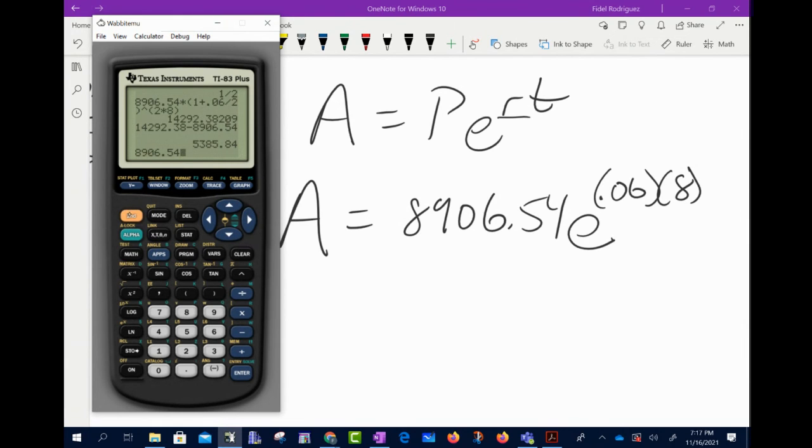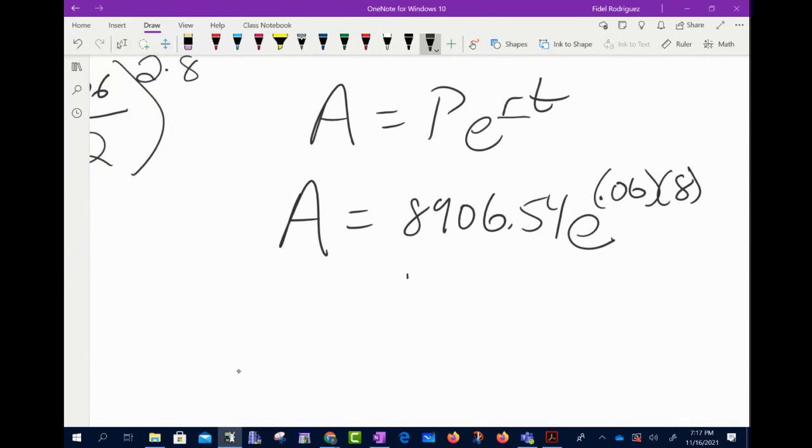So we're going to go second and LN, and it's going to type in that e for me, okay? Look what my power is. My power is 0.06 times 8. So 0.06 times 8, and I'm going to hit enter, and I'm coming up with 14,393 and 63 cents.